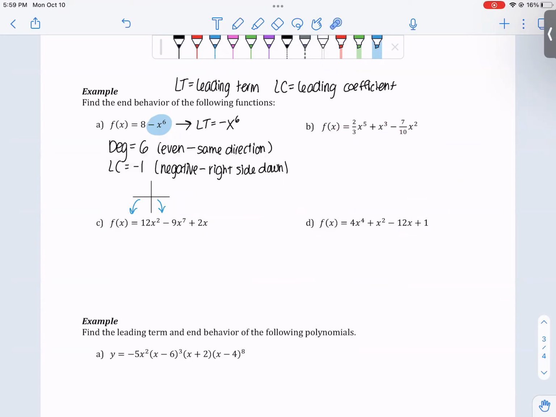Looking here for the leading term, we're looking for the highest power of x, and that's right here. 2/3 x to the 5th. The degree on this guy is 5, which is odd, which means the end behavior goes in opposite directions. The leading coefficient is 2/3, which is positive.